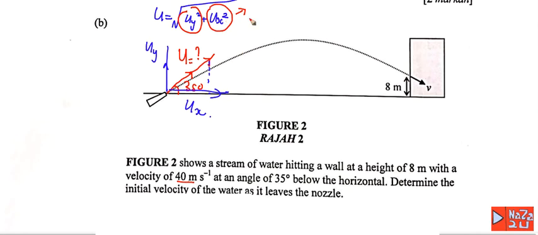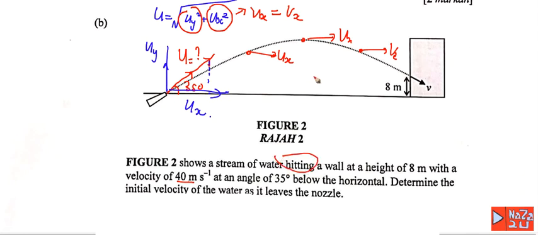As you know, ux is always constant, meaning ux at any point, vx, is always constant. So ux is equal to vx. The problem here is uy. Sorry, the 40 meter per second is at the angle of 35 when the water hits the wall.